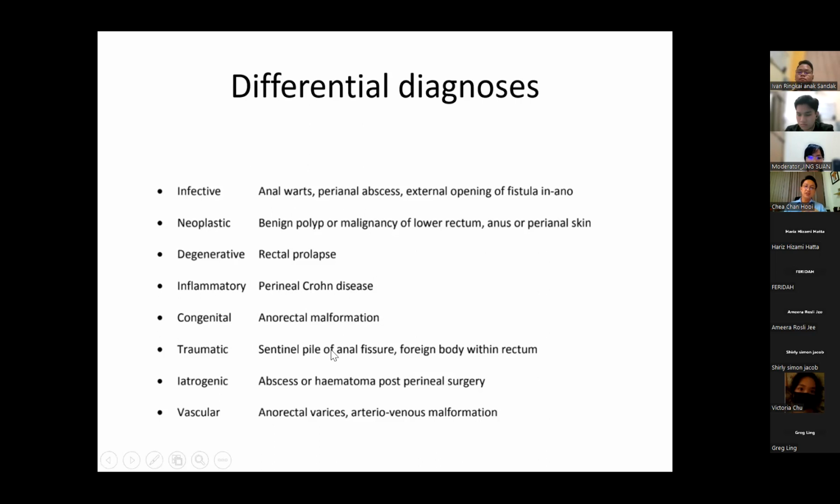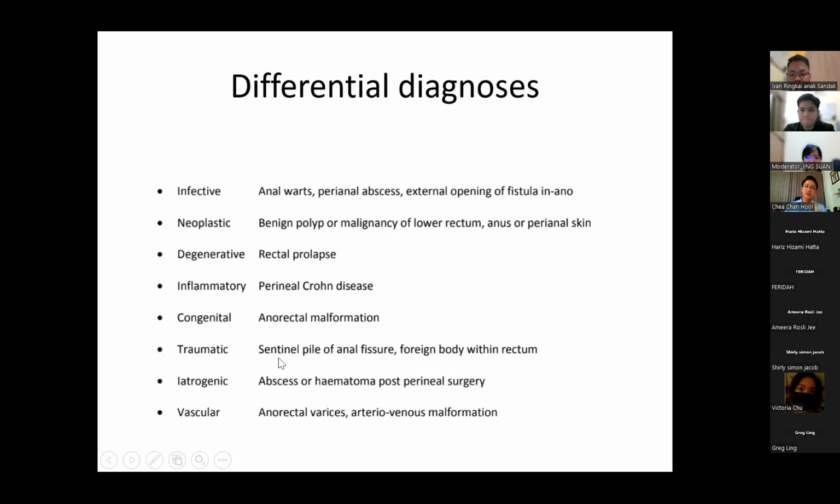Children or younger patients, then you might want to rule out anorectal malformation. Obviously, if you have seen it before, and if you have performed a physical examination, you can easily rule this out. And trauma is very common, okay?